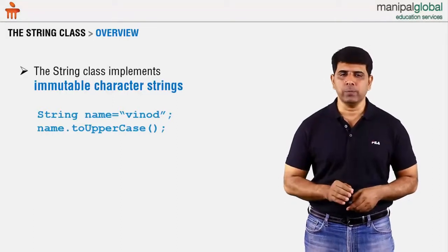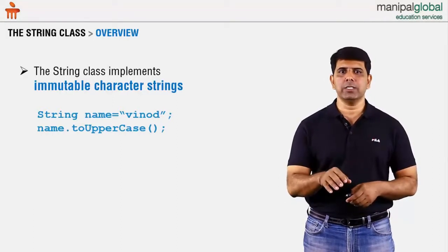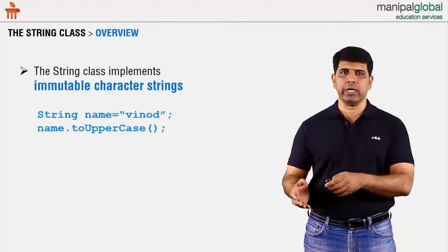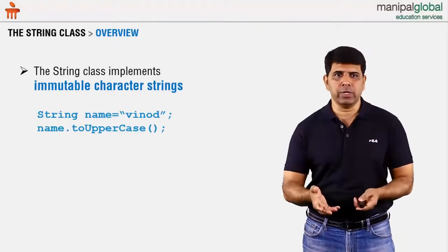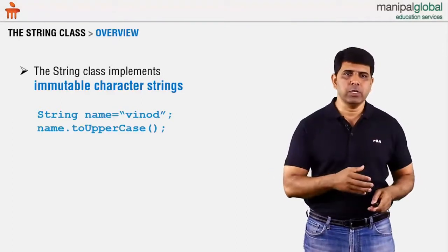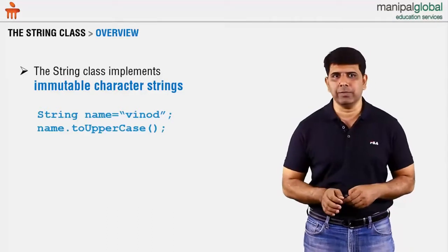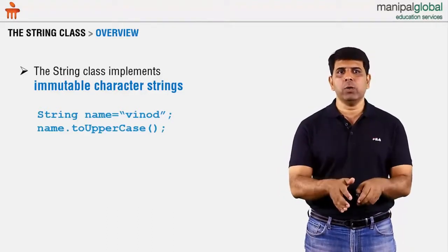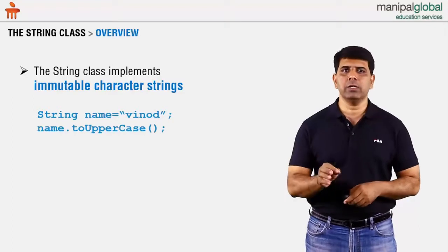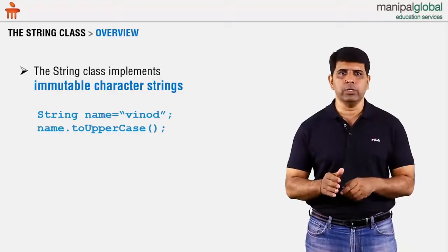The answer is no. What this function does is it creates a separate string, converts that string into uppercase and returns that. Note that we have not stored the return value anywhere, so name will still contain the original lowercase letters Vinod.